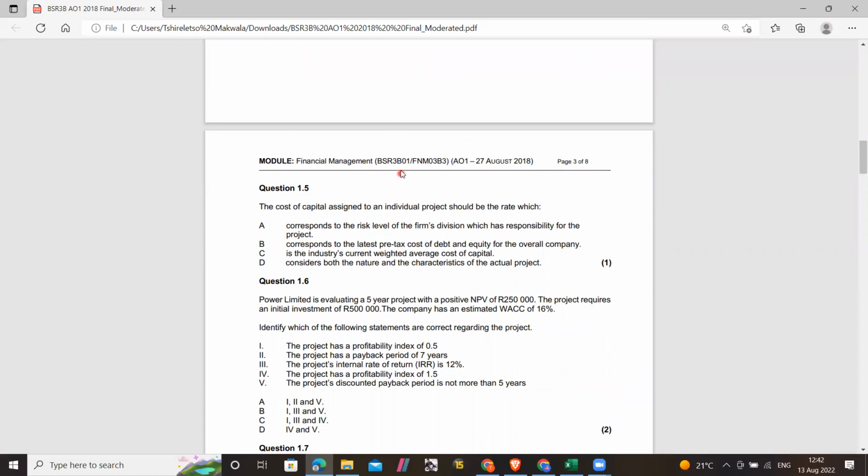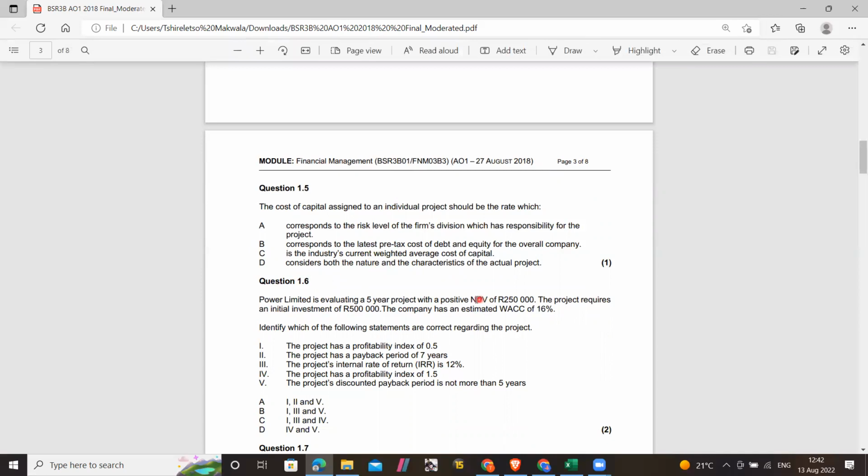Now, with this question, honestly, the answers for A and D are very close, but the answer here is actually D. It's D because the cost of capital assigned to an individual project should be the rate that considers both the nature and characteristics of the actual project, meaning it considers the whole project, not the division, right? So in this case they are wrong because they said division.